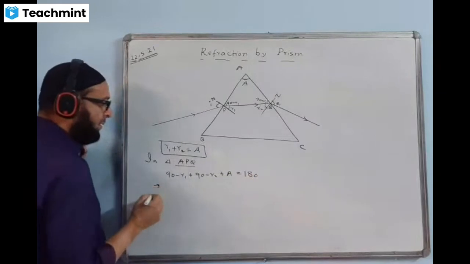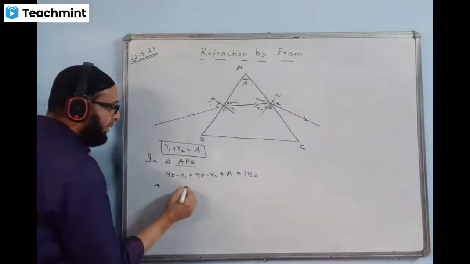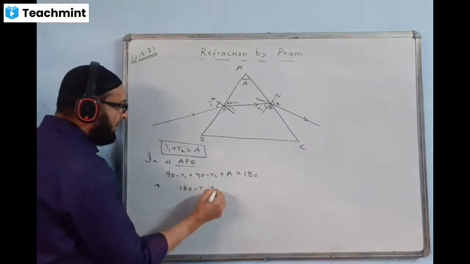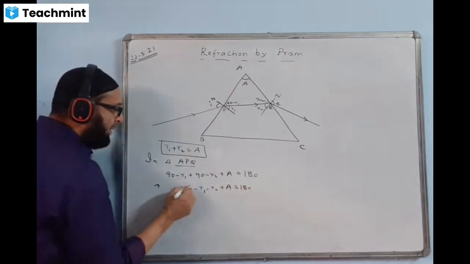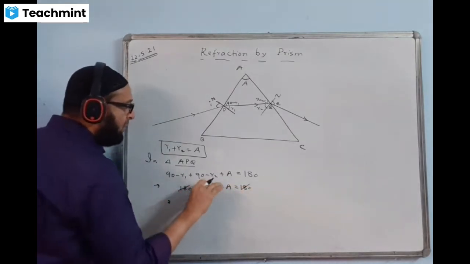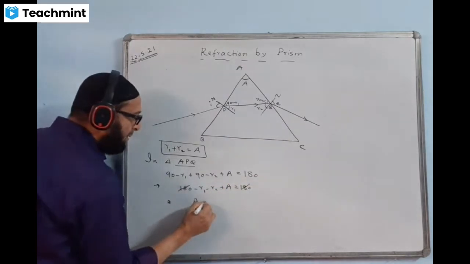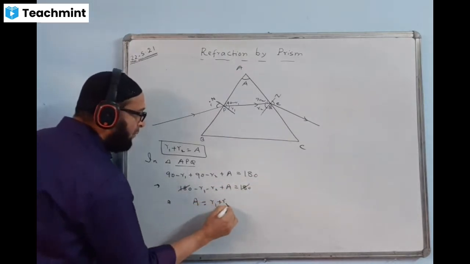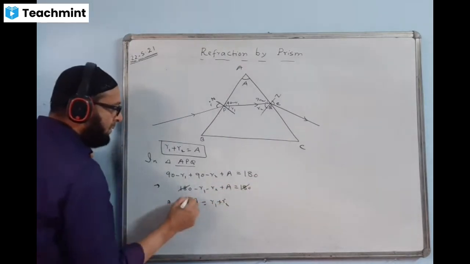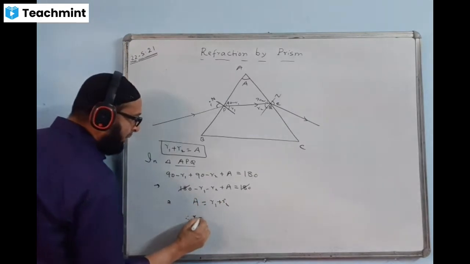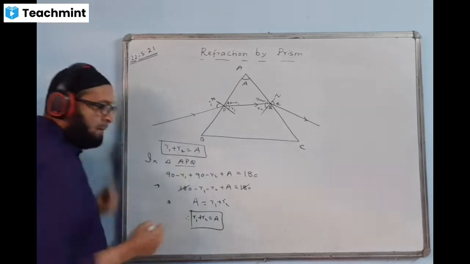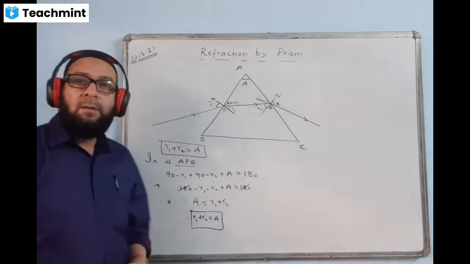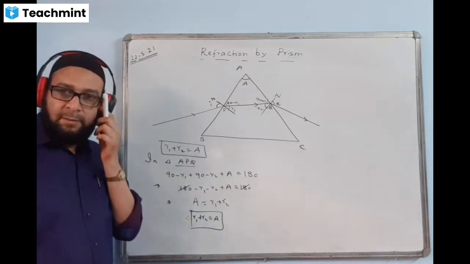Angle sum property. 90 plus 90 is 180, minus R1 minus R2 plus A equals 180 degrees. 180 cancels with 180. I'll send the other side. It becomes A is equal to R1 plus R2. Therefore, R1 plus R2 is always equal to A. This is how we prove it.